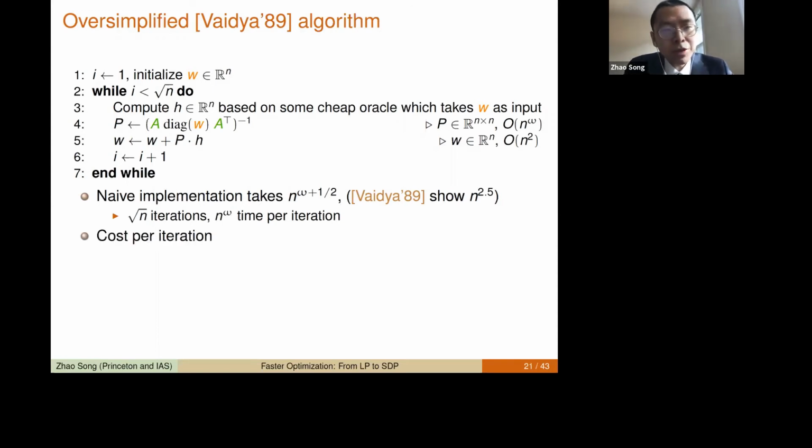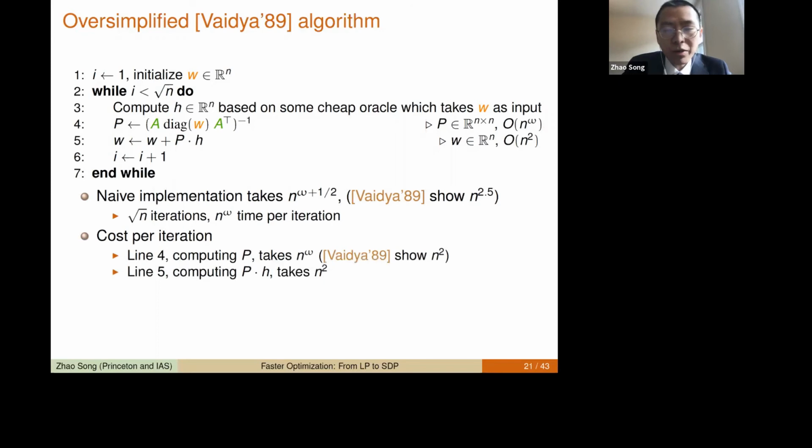So the cost per iteration of this algorithm, line 4 gives you n to the omega, and line 5 gives you n squared. So as you can see, even though Vaidya can improve the n to omega to n squared, it's still unclear how to actually improve the n squared, because this n squared term is from 3 different parts in every iteration.